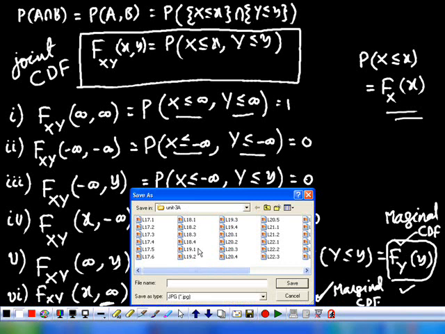That is, we are simply extending the concept of one random variable to two random variables, the extension of the concepts that we already studied. And what are the other properties? If you see the Fxy of x comma y, this is the probability of the event x less than or equivalent to x, y less than or equivalent to y.